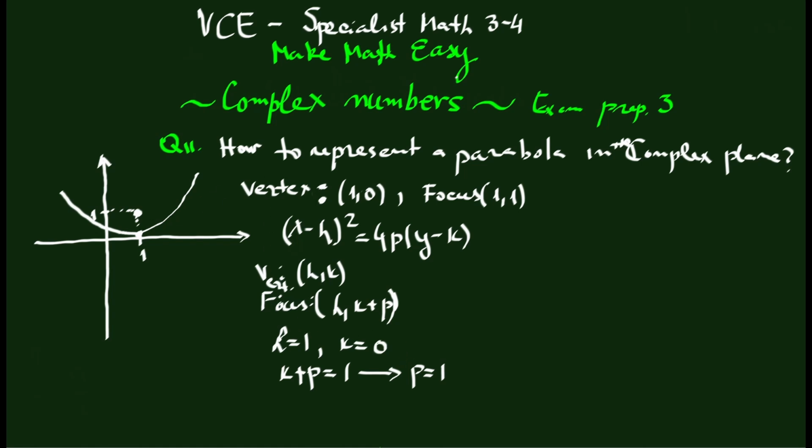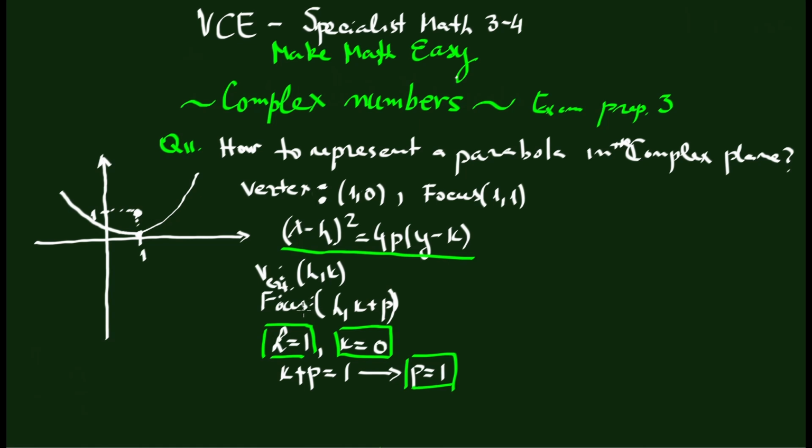So what we got is h, k, and p. So that's the common equation of the parabola.